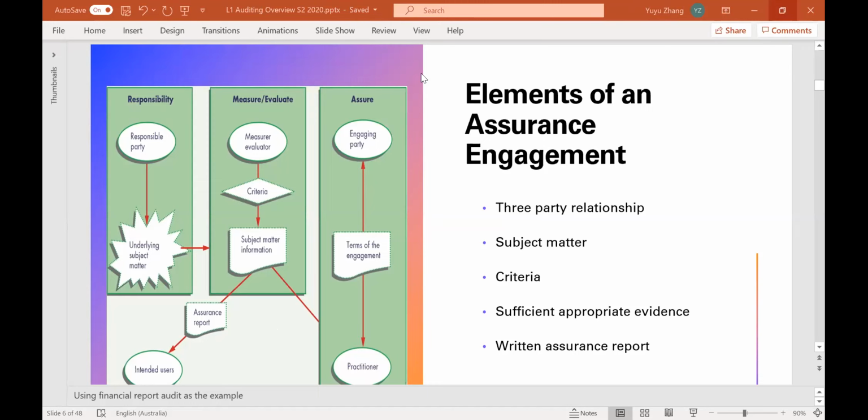Just imagine, suppose I am your manager and you are the shareholders. By the end of the year, you want me to write down the performance report in financial terms. Basically, that is the financial statement. Is that right?